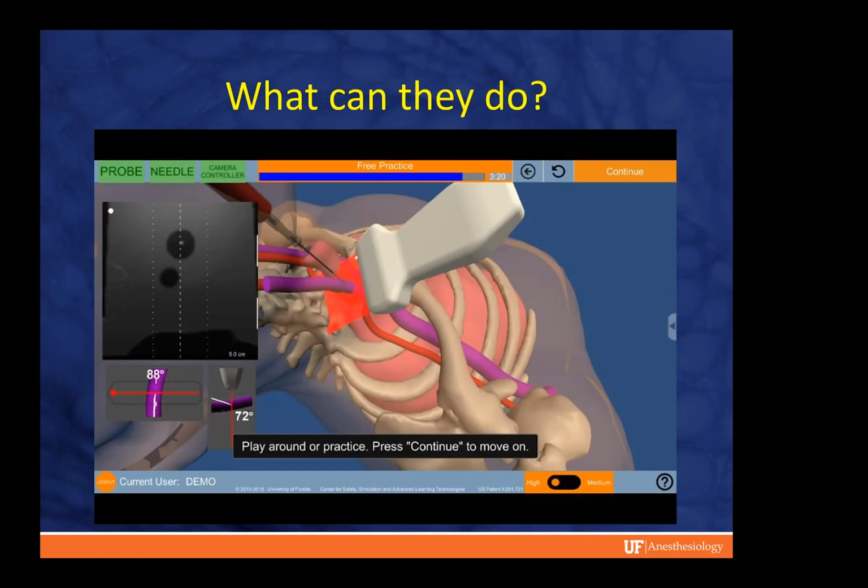And that, in my opinion, makes cannulation of the internal jugular vein a safer procedure, because the likelihood of backwalling the vein and hitting the artery goes down. Tools like how to optimize your probe position are built into the system and can teach operators how to do that.